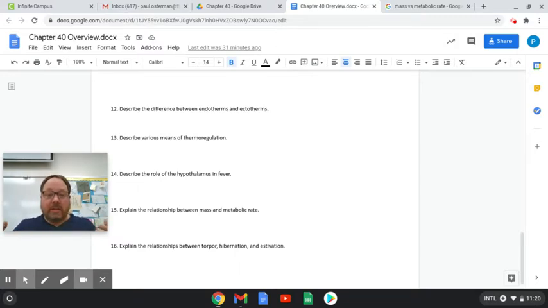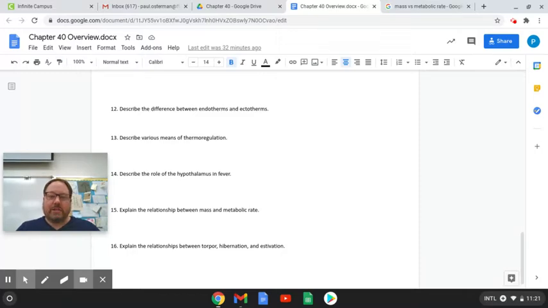Endotherms, you're putting energy into systems that help you maintain body temperature. So that's metabolically expensive, but it also helps you be active at times of year or in places where ectotherms can't, right? So we're endothermic. We maintain our body temperature, but that comes at a metabolic cost, right? We have to consume more energy. But again, we're active all winter, right? And we can live in places that are colder because of that investment.